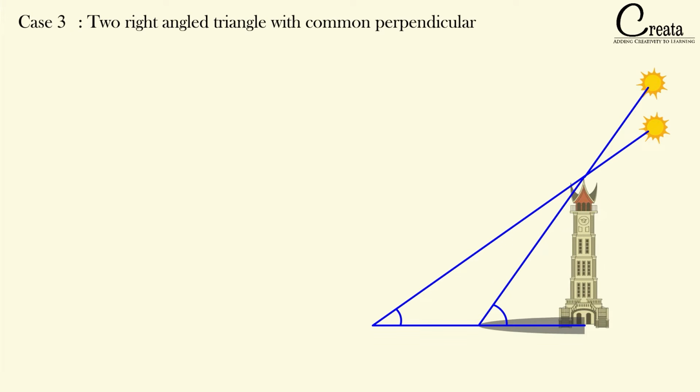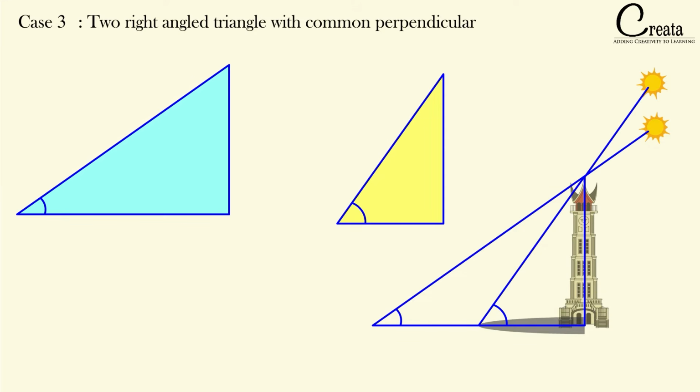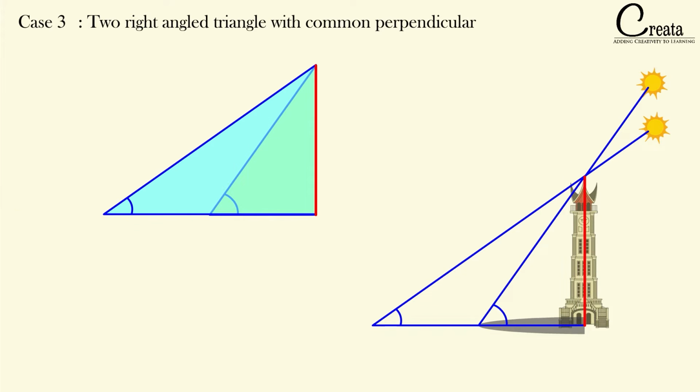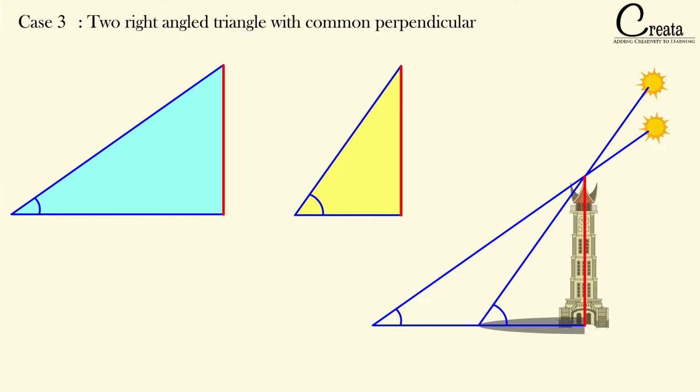So by this we are getting two right angle triangles in the given scenario as per the position of the sun. So in this case we are having the common perpendicular in both of these triangles. We can apply the trigonometric ratio in any one triangle, find the perpendicular, and put that perpendicular in the second triangle. So this is the approach that you will use in solving such types of questions.